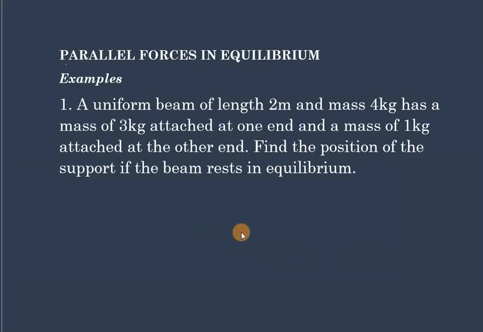Here we have a case of parallel forces in equilibrium. When the forces are parallel and in a state of equilibrium, that means if you have forces in the vertical sense, upward forces are equal to downward forces. Forces to the left should be equal to the sum of forces to the right.